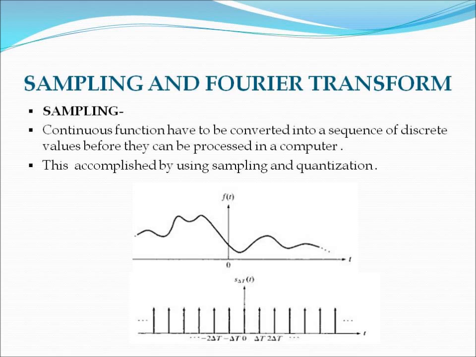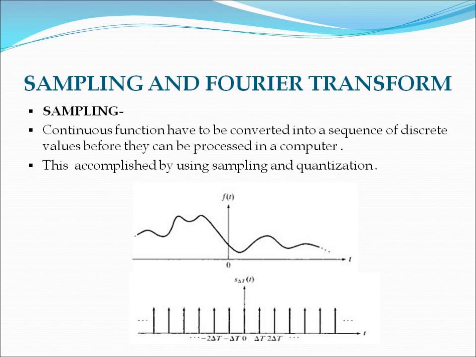This can be accomplished by using the impulse train function. When we multiply the impulse train by the original function, we get the sampled values. The duration between the values depends upon the duration between the impulses in the impulse train.